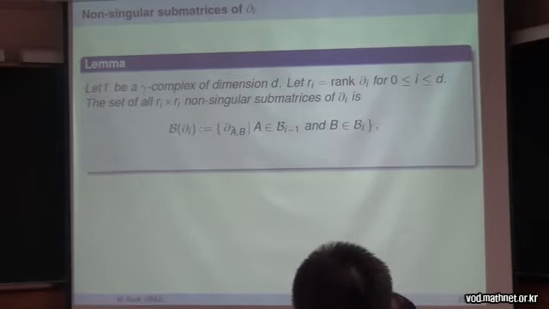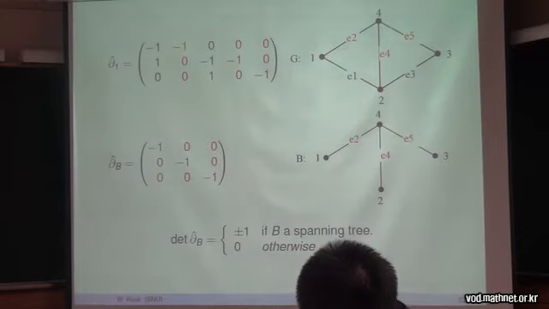So that's a general linear algebraic question that we can ask. And in this case, it's not just any matrix, but a boundary operator. And it turns out that those non-singular submatrices are precisely the ones that you can obtain by striking out the rows that correspond to the I minus 1 dimensional spanning trees, and collecting the columns that correspond to the I-dimensional spanning tree. Now, if we go back to this picture one more time, that's precisely what we do in the matrix tree theorem.